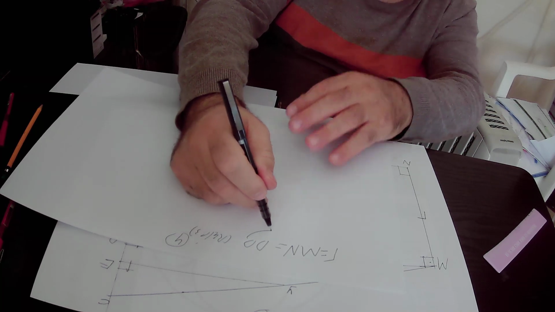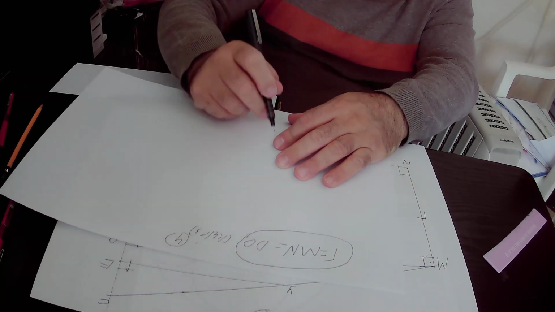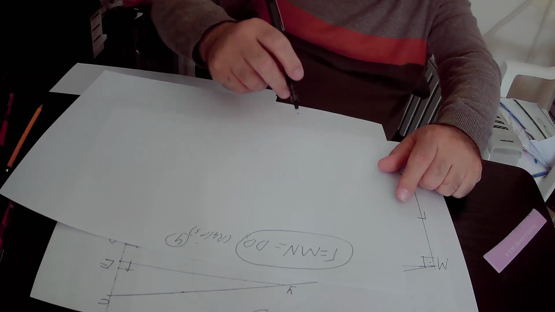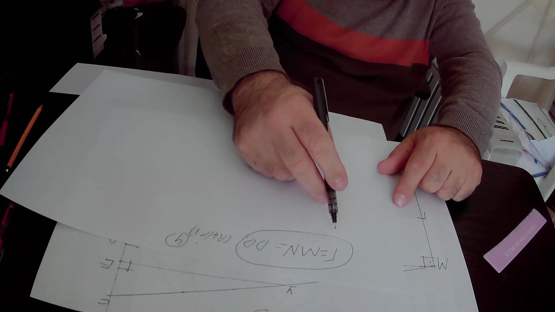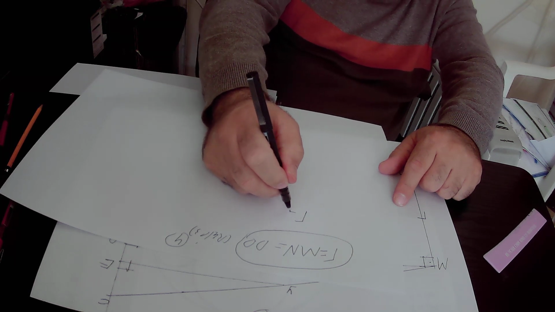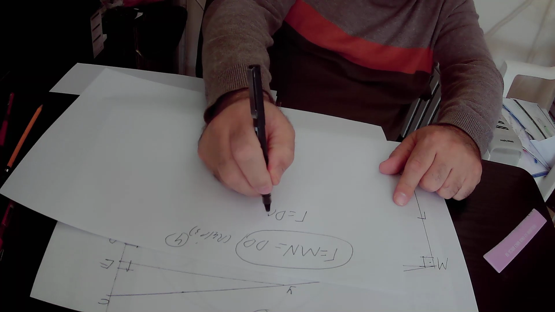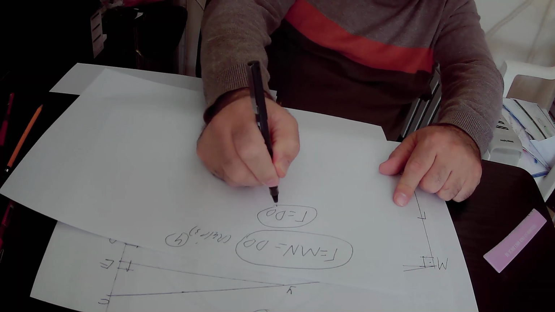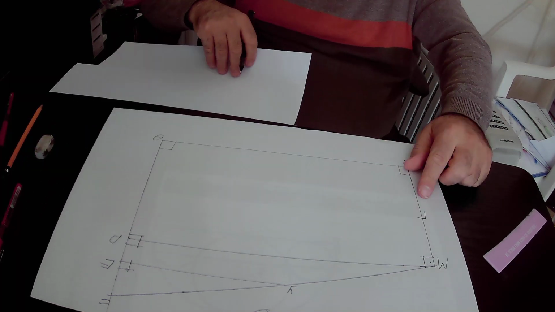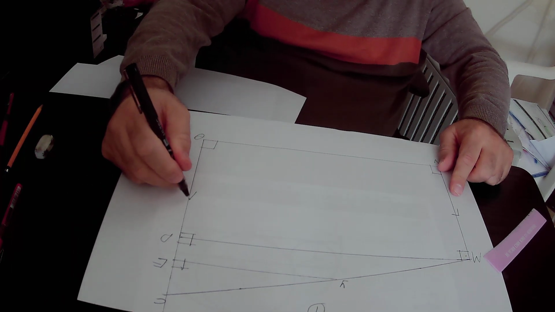So from this equality, we get that R equals DO. DO equals R.